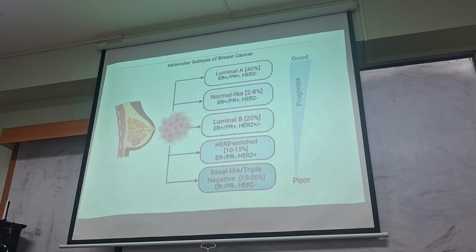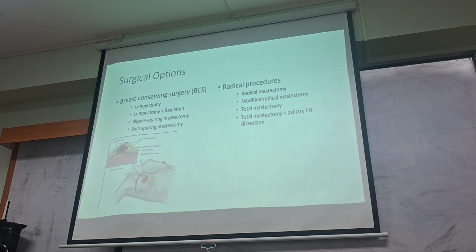So, surgical options would be breast-conserving surgery or radical surgery. Breast-conserving surgery cannot be done on all patients. It can only be done on patients, but there has to be a certain criteria met before a patient can undergo breast-conserving surgery.